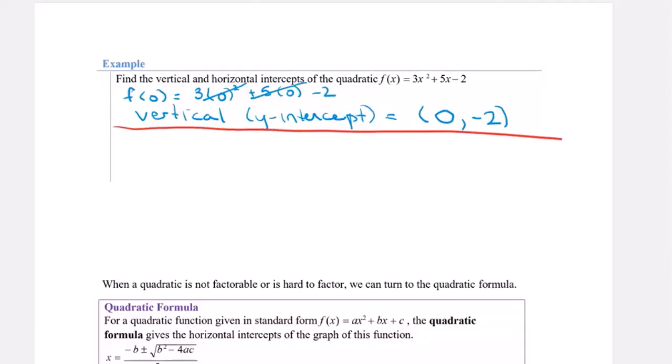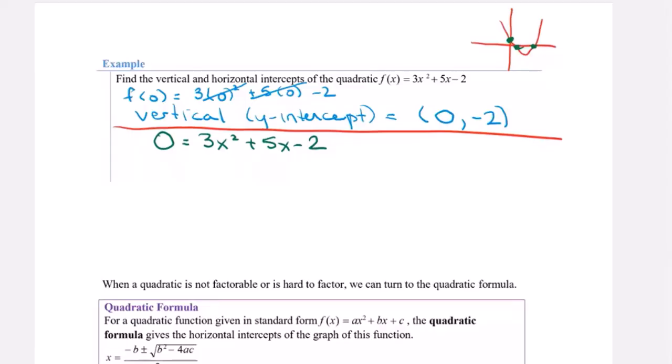So there's a few ways that you can find your horizontal intercepts, because really we're looking for when y equals 0. Remember, when we look at any kind of parabola, here x equals 0, and here y equals 0. So now what I have is 0 equals 3x squared plus 5x minus 2.